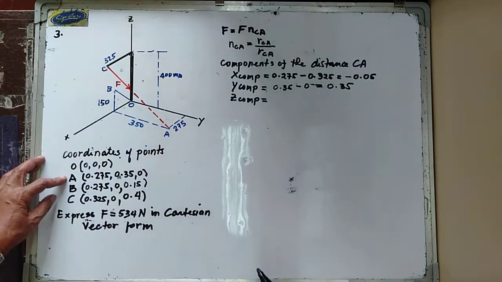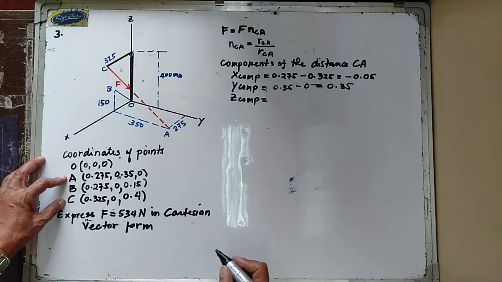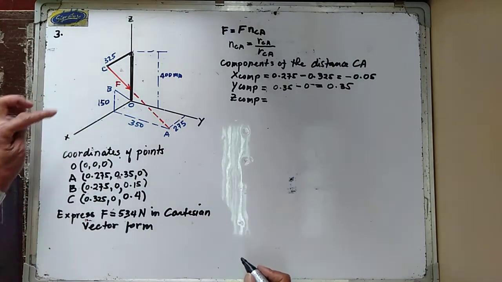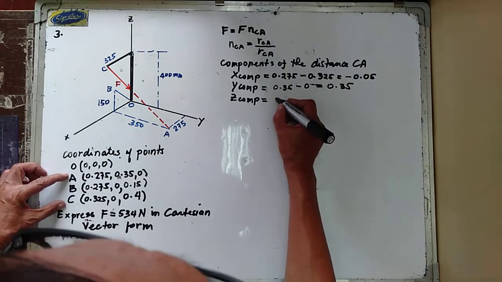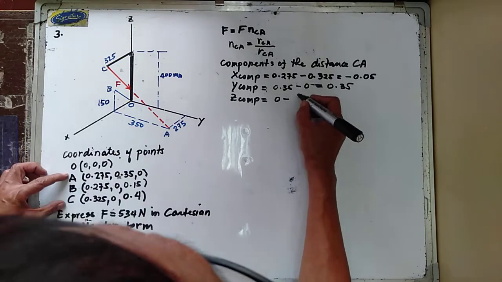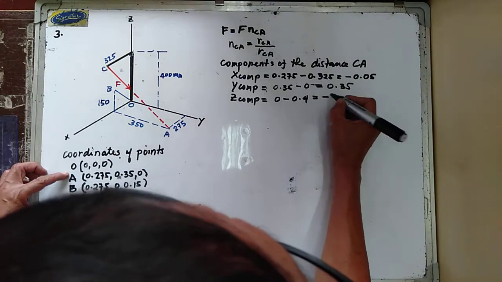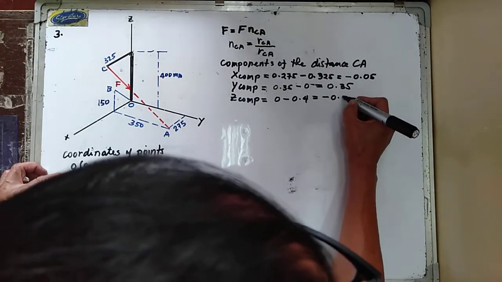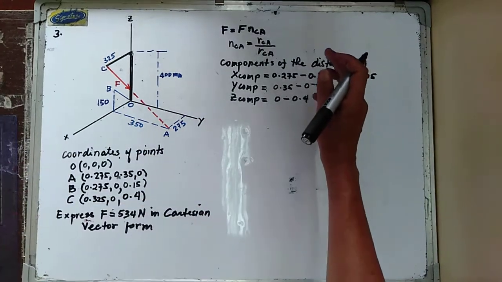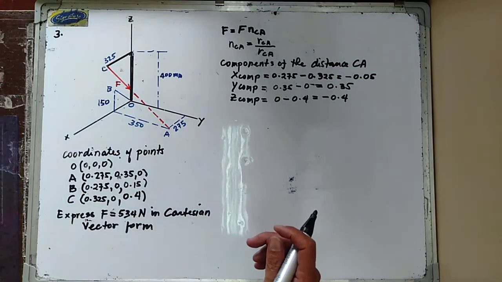And the z component, again A minus C, so we have 0 minus 0.4, that is equal to negative 0.4.